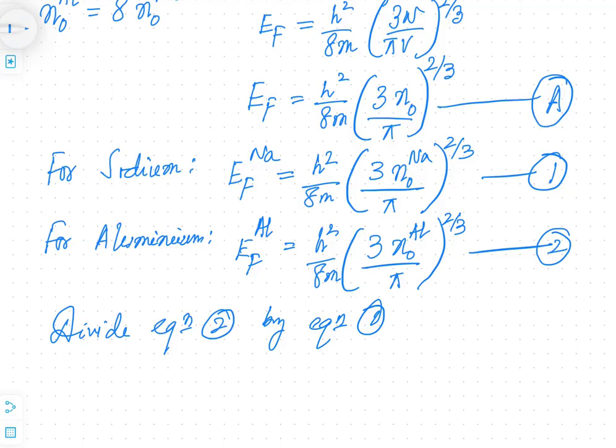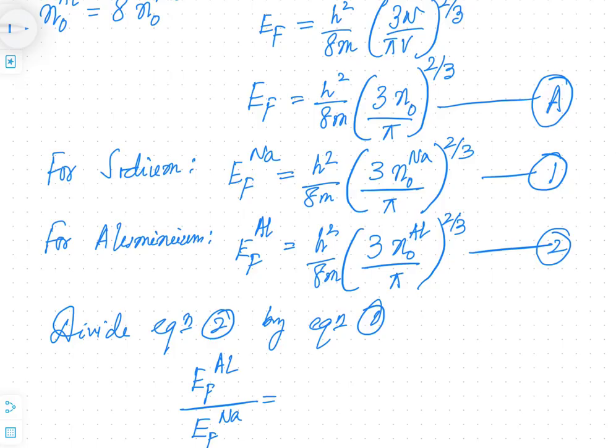So after division, what do we have? Fermi energy of aluminium divided by Fermi energy of sodium is equal to, all these constant terms, that is h square by 8m, 3 by pi, they cancel because these terms are constant for each of equation 1 and 2.